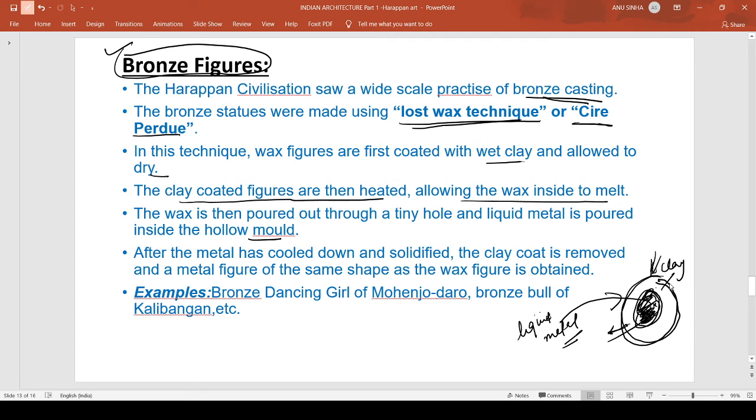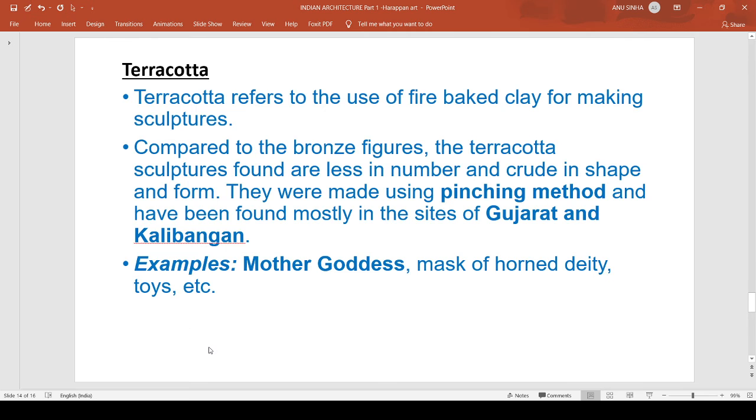Once it is solidified, I will remove this clay part, and now I get a figure that has the same shape and size as the wax figure. Got it? So this is the procedure called bronze casting or the lost wax technique. Examples are the bronze dancing girl of Mohenjo-daro and the bronze bull of Kalibangan. These are the two examples of bronze casting.